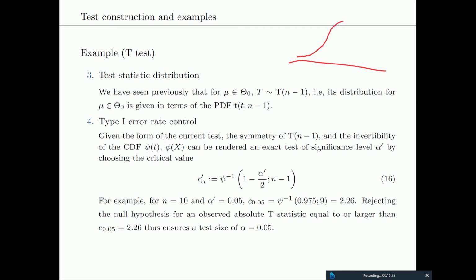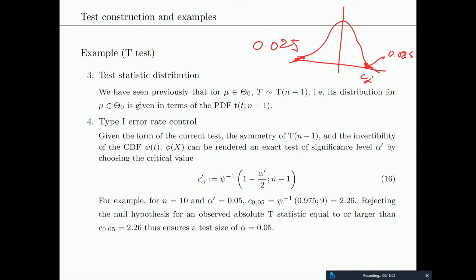We have the t distribution here, and we want to leave 5% for errors. So we use a critical value C alpha prime such that the rejection probability is here 0.025 and here 0.025.